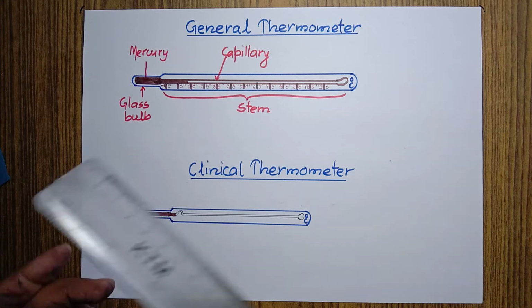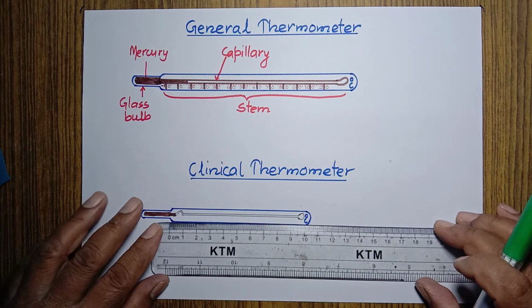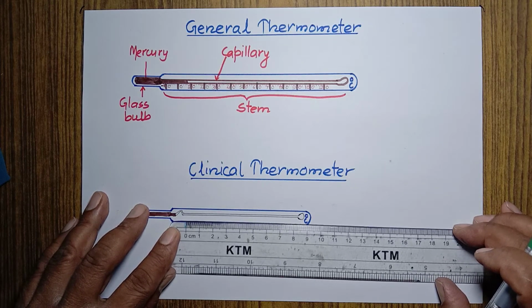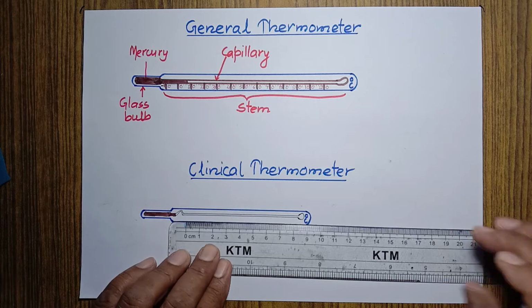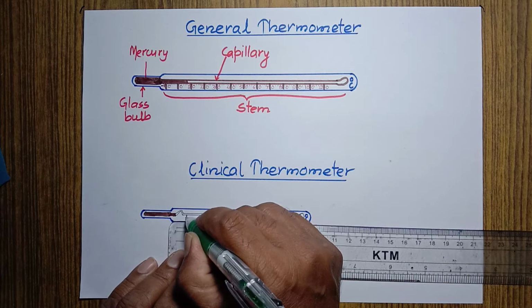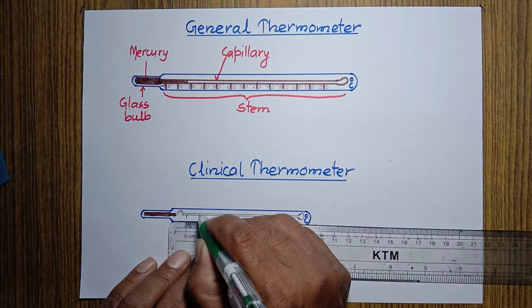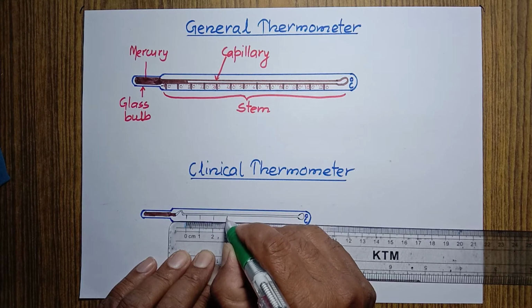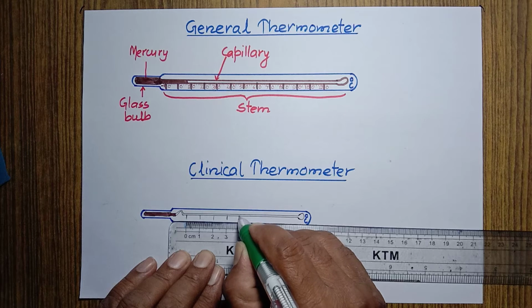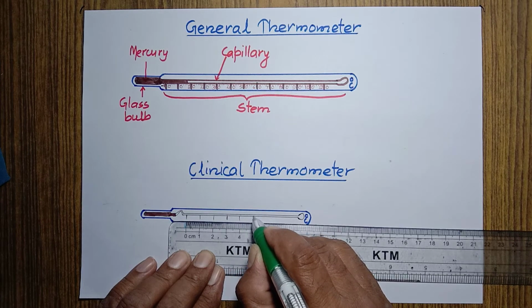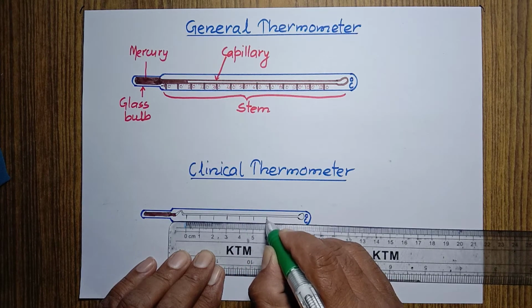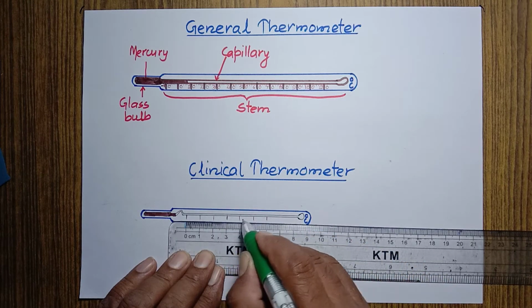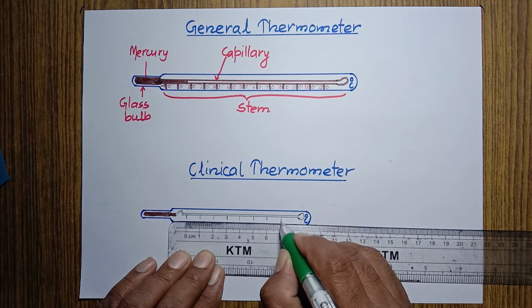And for this I'm using a ruler to write the values. Let's say this is 35, 36, 37, 38, 39, 40, 41 and 42.